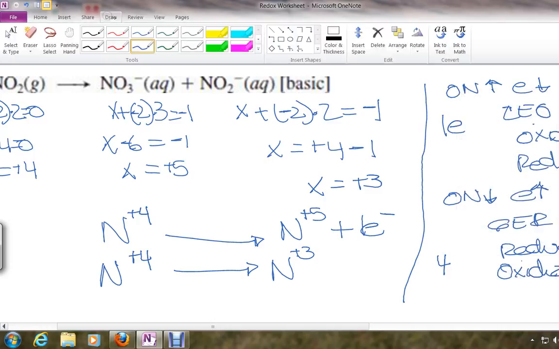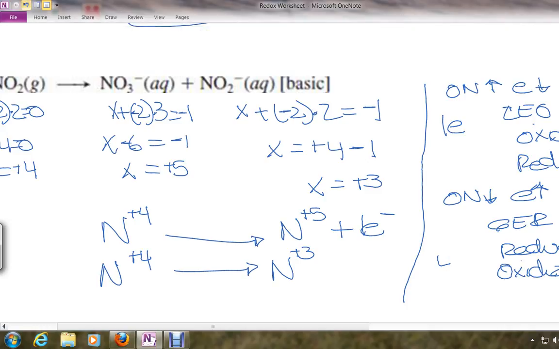So how many electrons is it gaining? One electron. How many nitrogens do you have in that half reaction? That is, how many nitrogens are being reduced? One. So you got one electron.